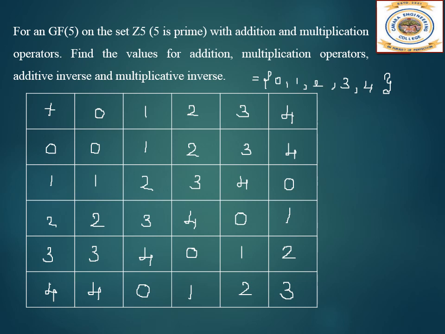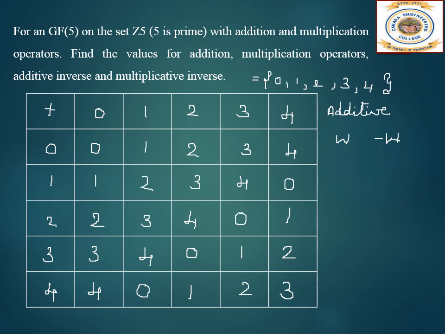So I will write the additive inverses here only. Let me take the number as w and its additive inverse as minus w. So what is additive inverse? When we add to that number, we should get the sum to be 0.